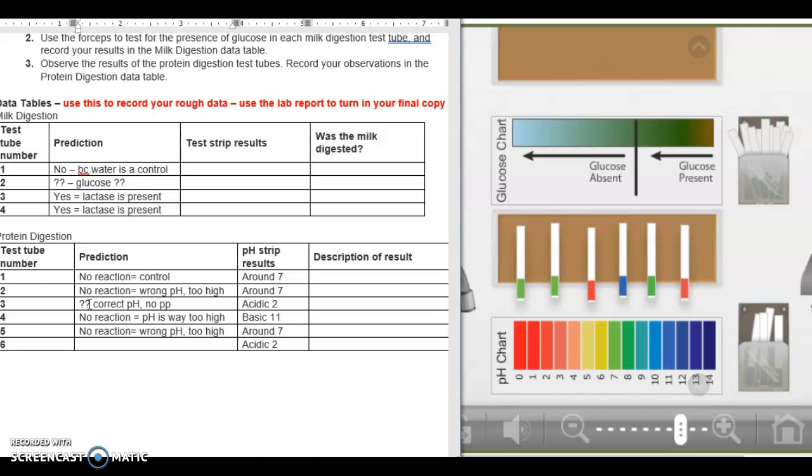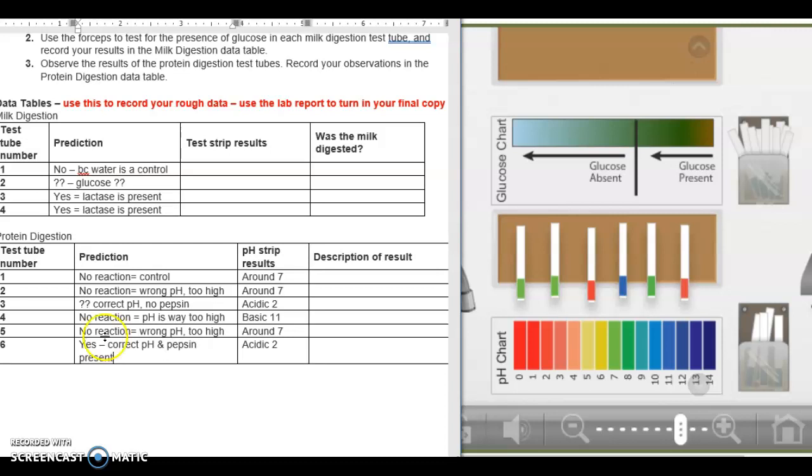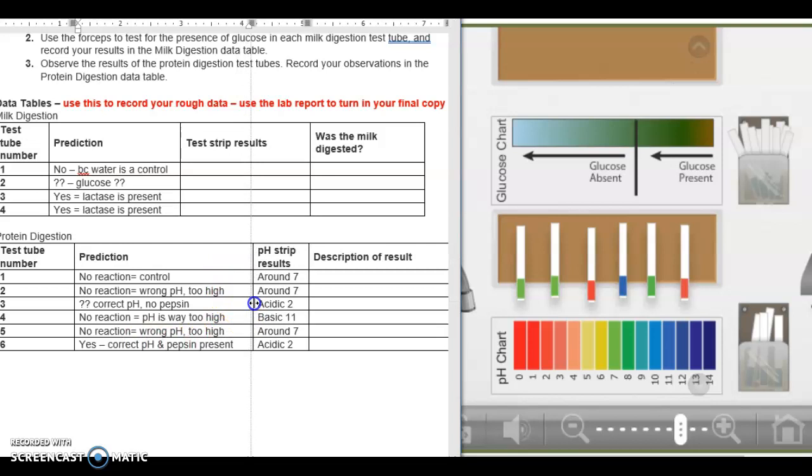So I'm going to say without the pepsin, probably not going to do anything, but this is a prediction, so we're going to leave our question marks in. For the sixth, I am going to say probably, yes, there will be egg white dissolved here because it's the correct pH, and that's the big one, the pepsin is present. So we're going to see if my predictions are right, and feel free to fill these into your own data table.